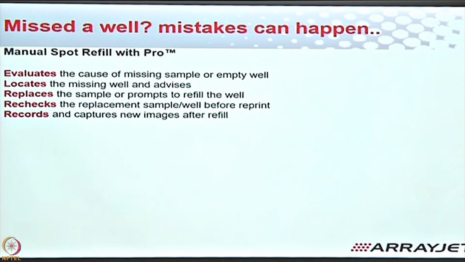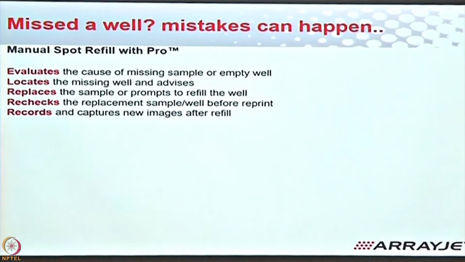I showed you in the first or second slide that it has some capacity. The print head has capacity to store your samples. So from that capacity, it will use some of the samples for this reprinting. If it doesn't have enough sample in its nozzles, in its capacity, then it will go back to your plate, pick up some more sample, 1.3 microliters or 2.5 microliters, and start again.